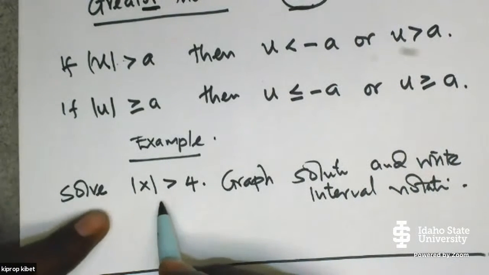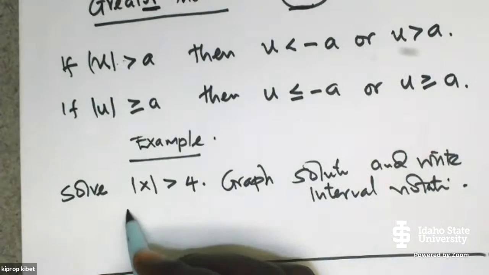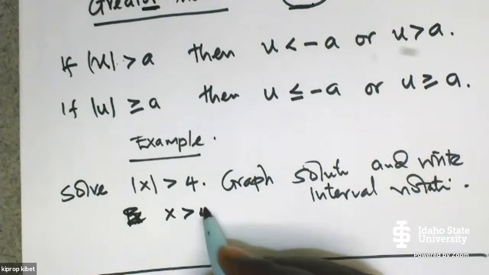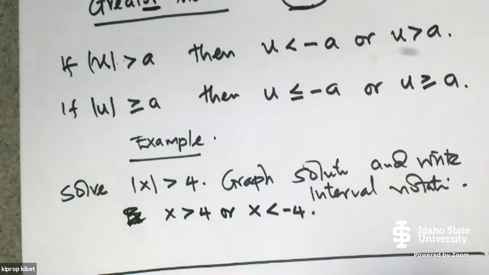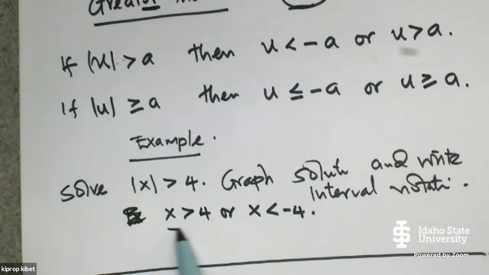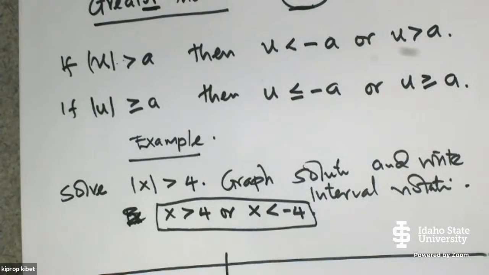Now here, what happens? So it is x greater than 4 or x less than minus 4. So how should we represent this on a number line?